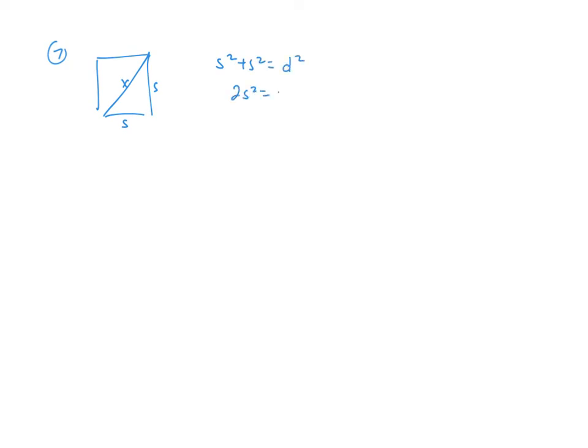So 2 side squared is d squared, which means that side squared is half of d squared. So if the area of a square is side squared, then it's also 1/2 d squared. So it's good to walk around knowing that this is how you find the area of a square using the diagonal. But I promise I won't spring any formulas on you that you wouldn't know already.